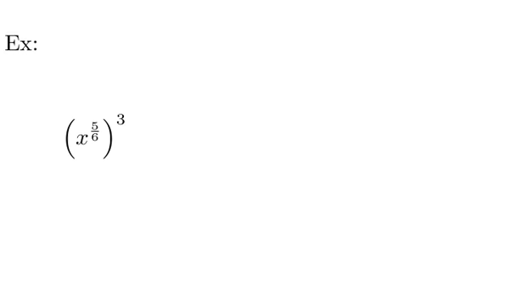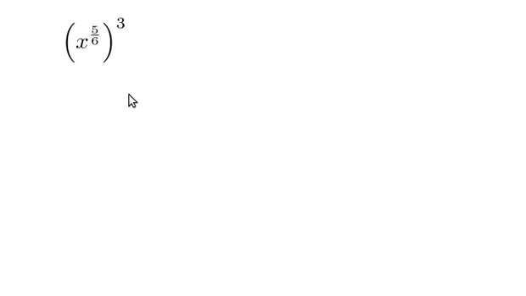Okay, so x to the power of 5/6 all to the power of 3. So remember from rule 3 that this is equal to x to the power of 5 over 6 times 3.